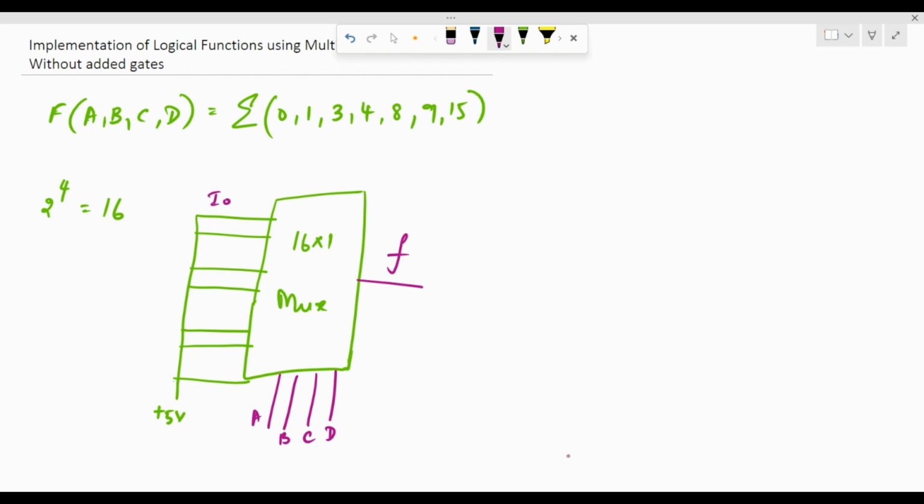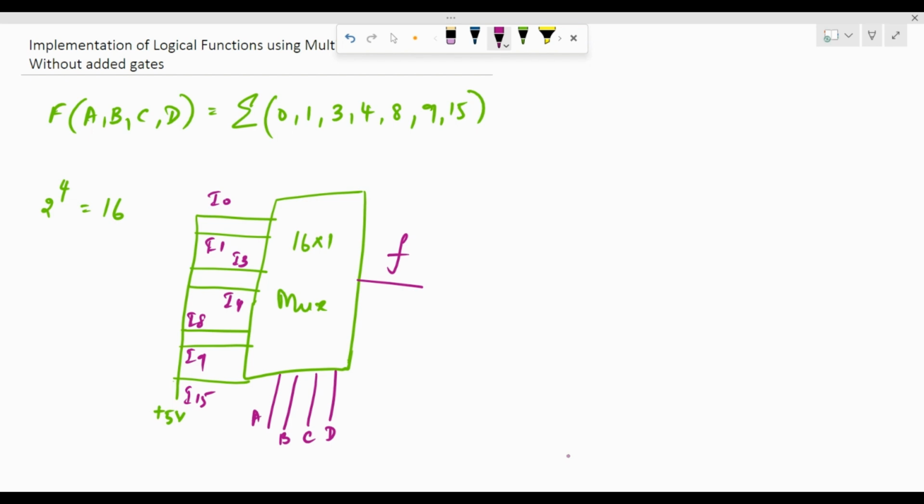So when ABCD is 0, 0, 0, 0, I0 will be conveyed to this output and F should be high. Similarly, for I1, for I3, for I4, for I8, I9 and I15.